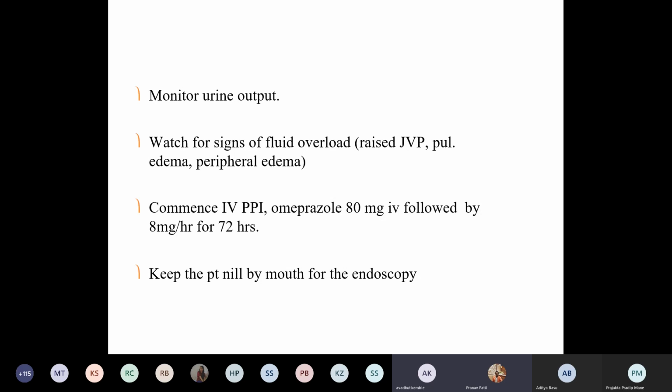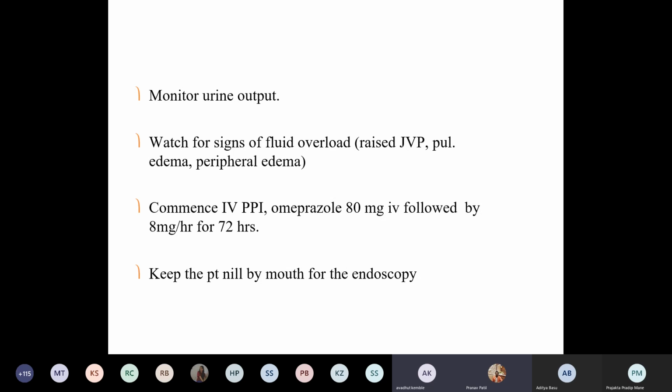You have to commence IV proton pump drugs, usually omeprazole is preferred, and keep the patient nil by mouth for endoscopy. Once you stabilize the patient and keep everything ready, we plan for an endoscopy.